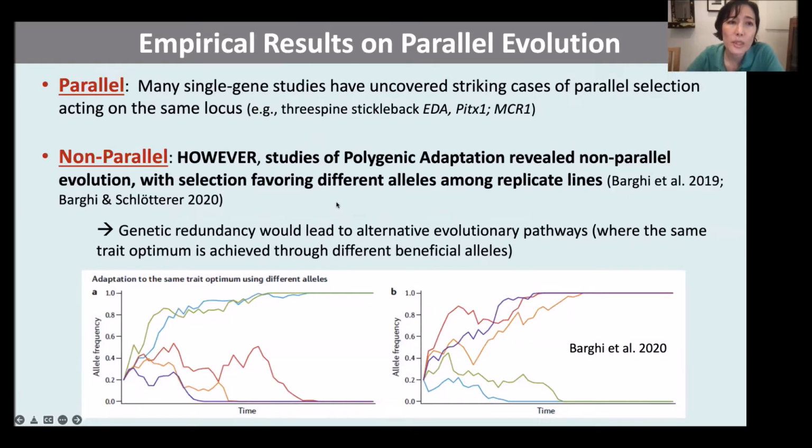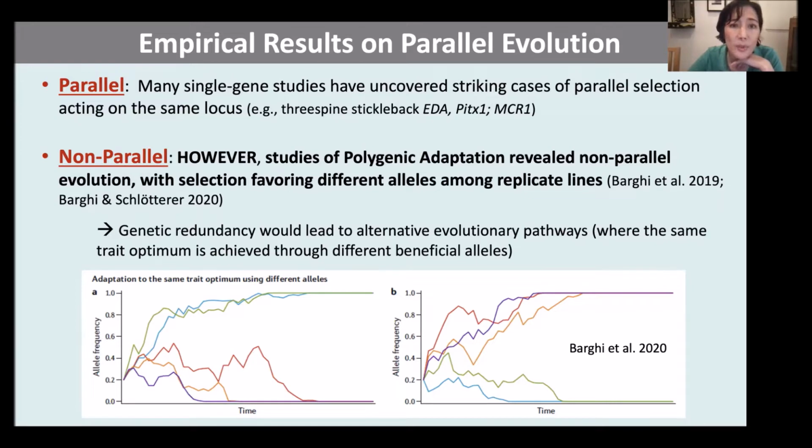In fact, when we look at empirical results, many of you are probably aware of the many elegant single gene studies that have uncovered striking cases of parallel selection acting on the same locus. There are some really nice studies from the three-spine stickleback as well as other studies.